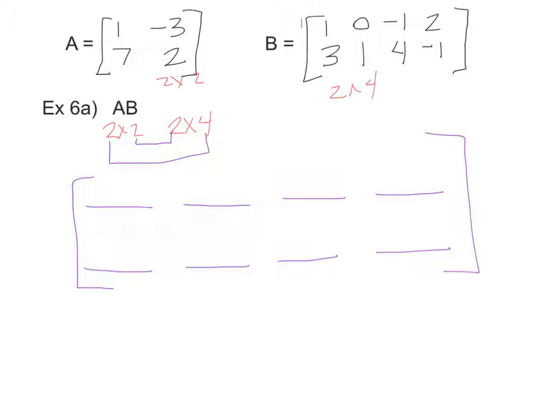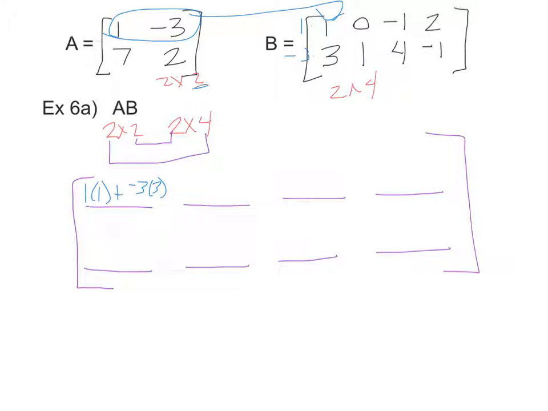Here I have this 1 and negative 3. So you do that. I have 1 times 1 plus a negative 3 times 3. Top left, top left. So that spot, the top left spot, I'm going to put those two together.